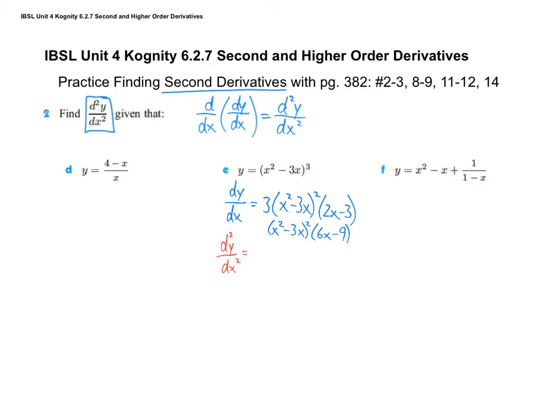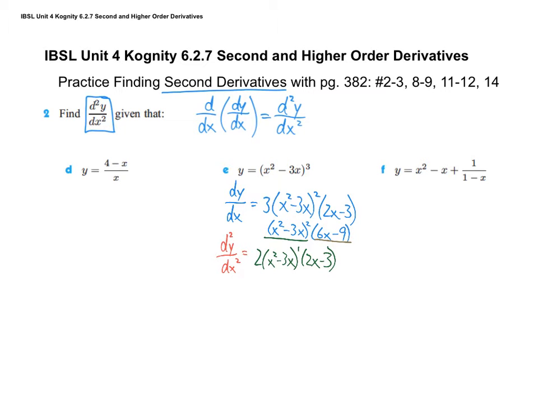But let's go ahead and do that. U prime is going to be the derivative of that first term. So the derivative of the first term is 2 times x squared minus 3x to the first times 2x minus 3.